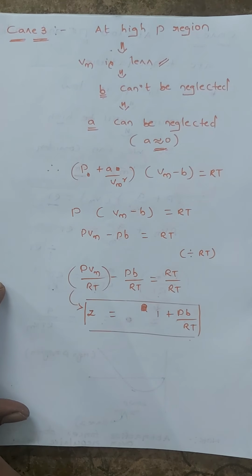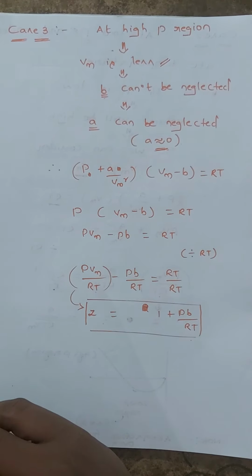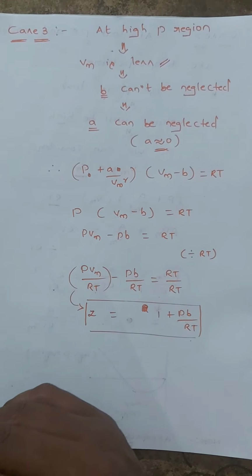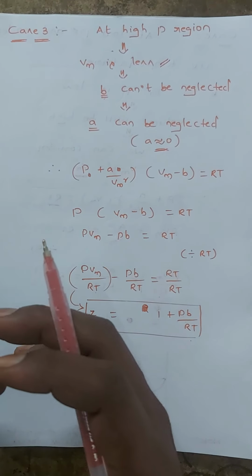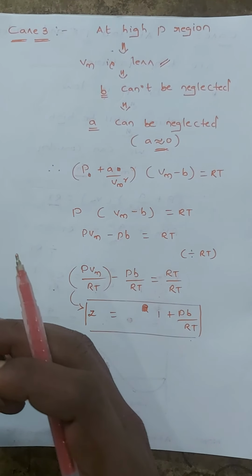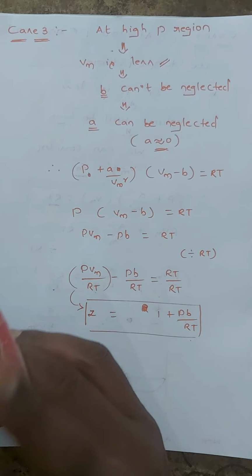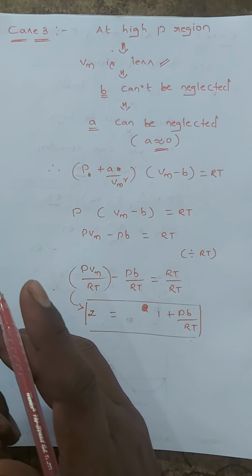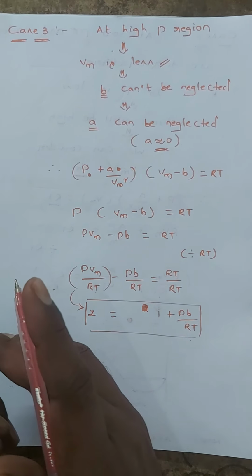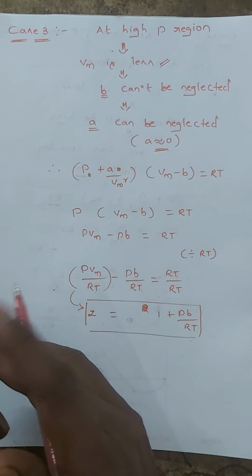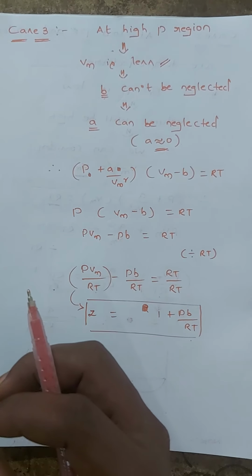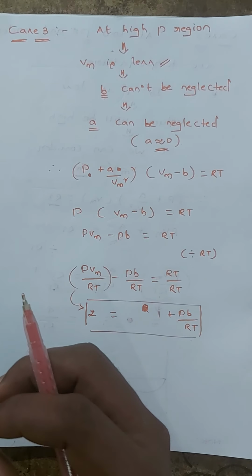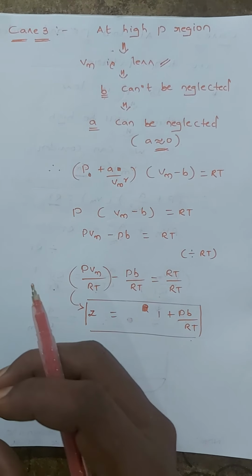Because at high pressure region, one thing is happening. You may get a doubt: at high pressure region, no doubt molecules come nearer to each other. In such a case, force of attraction should increase, so the a value should increase. But here the problem is, at high pressure region, molecules come very close to each other, closer than the actual distance.